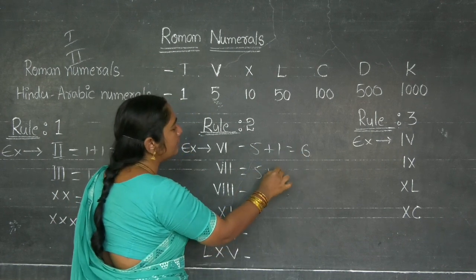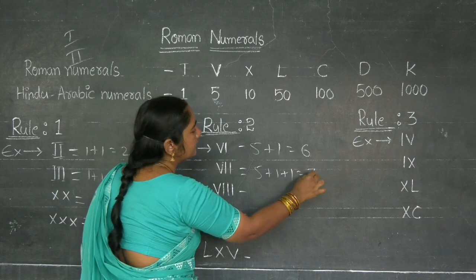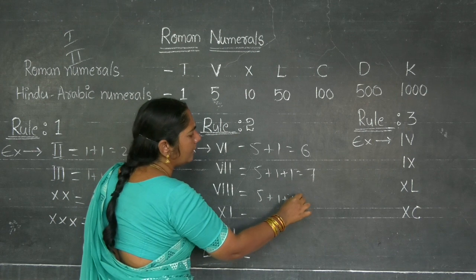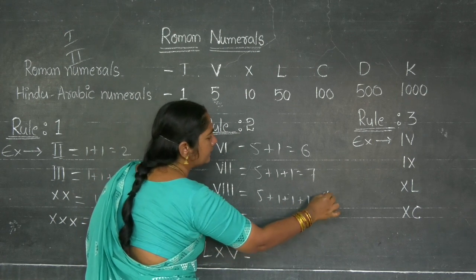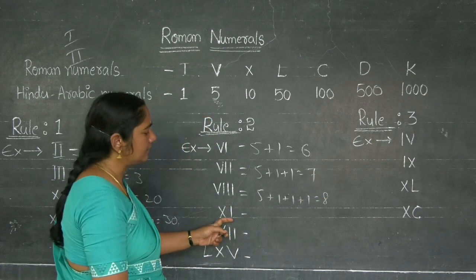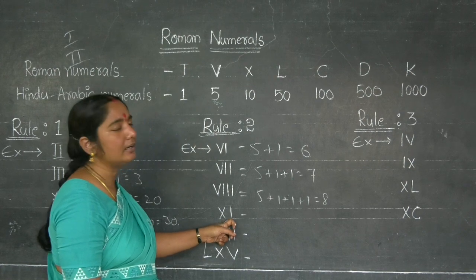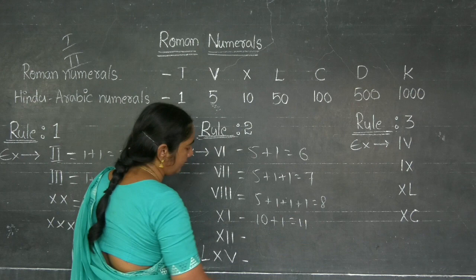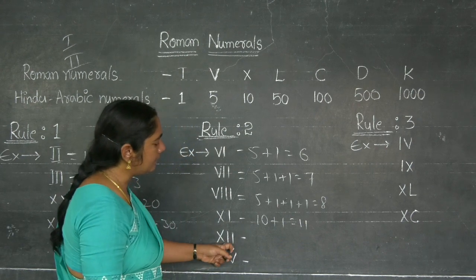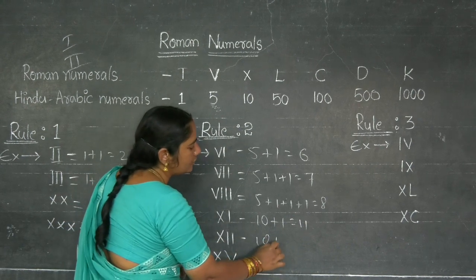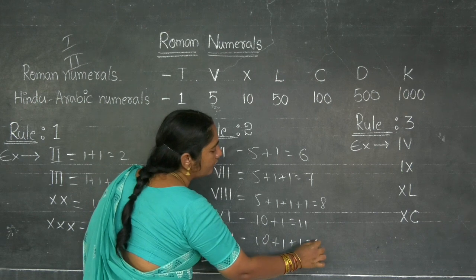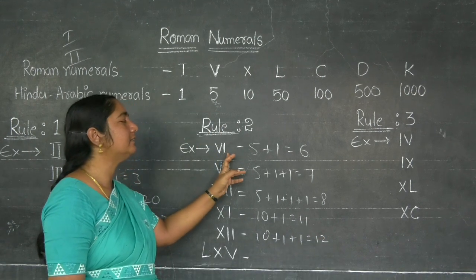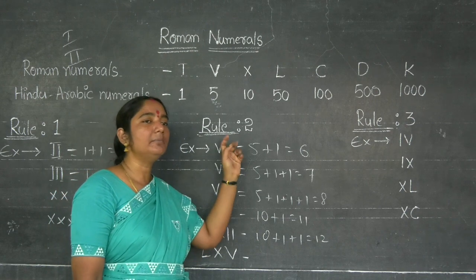This is 5 plus 1 plus 1, that is 7. That is 8. This is 10 plus 1, that is 11. 10 plus 1 plus 1, that is 12. If a smaller one is given beside this towards the right, simply you have to add it.